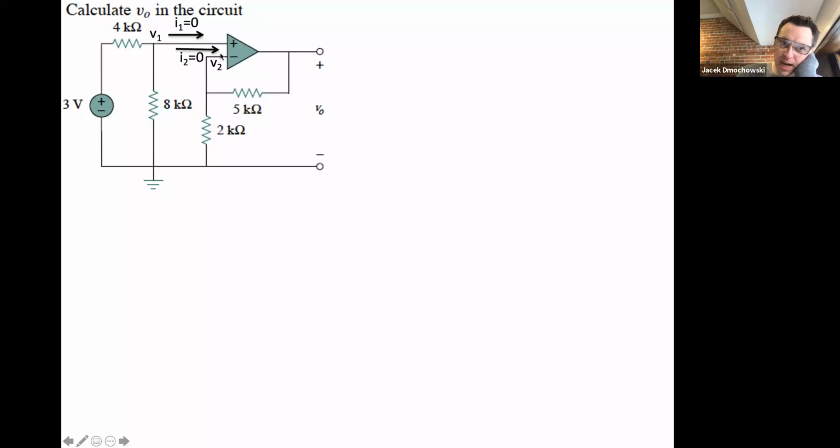All right, first let's apply the assumption of the ideal op amp, which is that no current flows into the op amp itself. So there's going to be no current from this point to this point, and also no current from this point to this point. So let's first apply KCL along this path that I'm highlighting with my cursor.